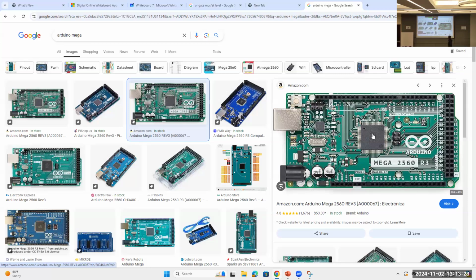There are several versions. I think this is the biggest one, right? This is the biggest version of Arduino, which is Arduino Mega. Then there is a smaller version, Arduino Uno, and then another smaller version, Arduino Micro. So based on different sizes, there are different versions. The difference is very small.